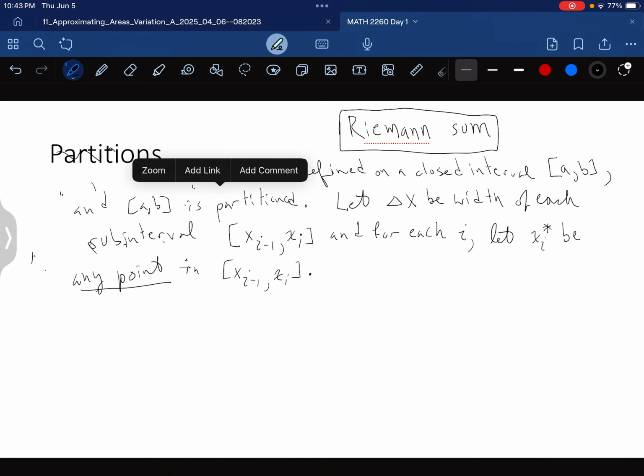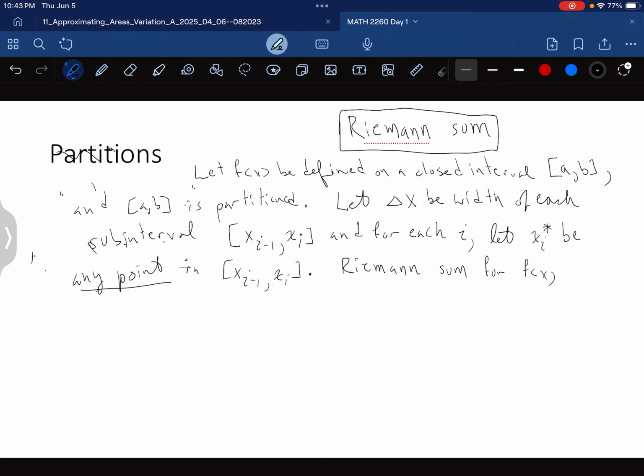Then the Riemann sum for f of x is as follows. Sigma notation, index i goes from 1 to n, and the function is evaluated at any point in each subinterval times delta x.